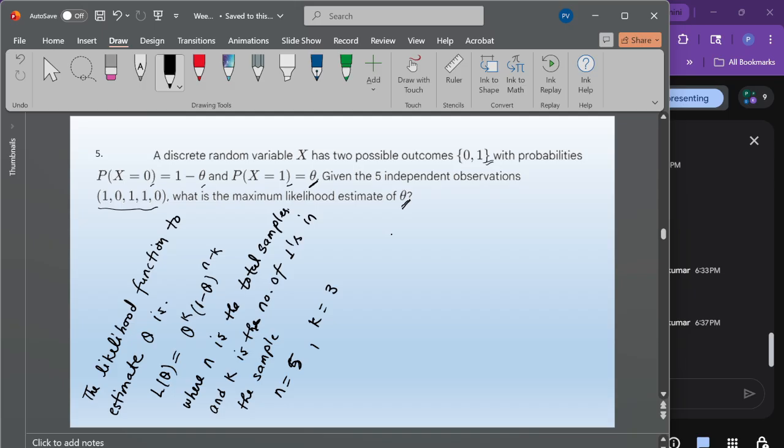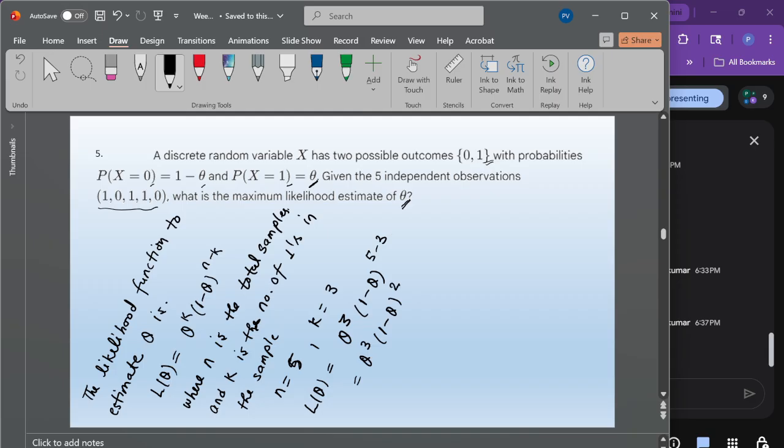So now we can put in this likelihood function, L of theta is equal to theta to the power k, that is 3, right? And into 1 minus theta to the power n minus k, so 5 minus 3. So theta to the power 3 and 1 minus theta squared.